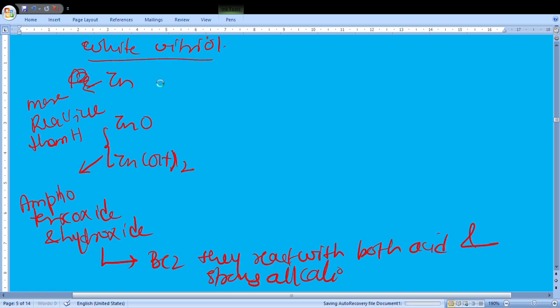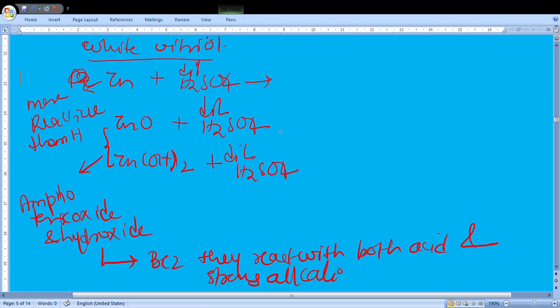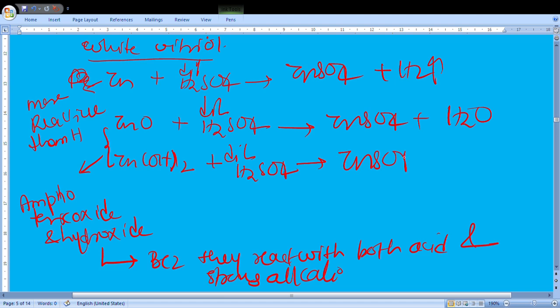So we will take dilute H2SO4 here, and the lower two reactions will be neutralization. So here definitely dilute H2SO4 will be taken to form ZnSO4 plus H2 given out. ZnSO4 plus water will be formed. ZnSO4 plus two water molecules will be formed.